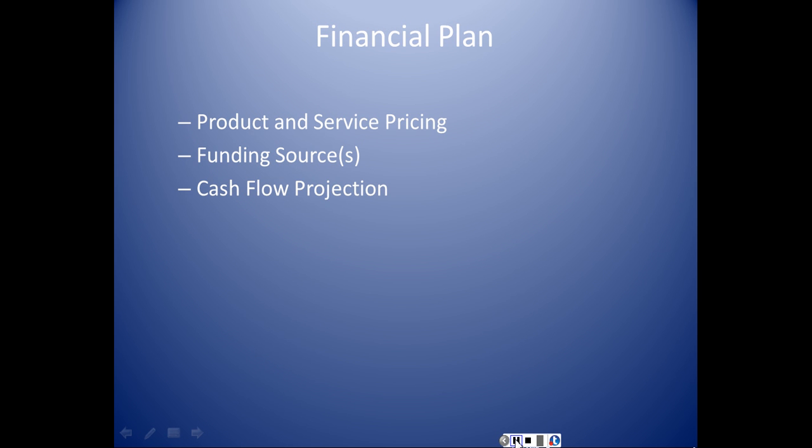So if I sell 100 items, and we can get a calculator out, and if I sell 100 items at $100, I could make $10,000. Okay, so 100 items at $100 a piece makes me $10,000.